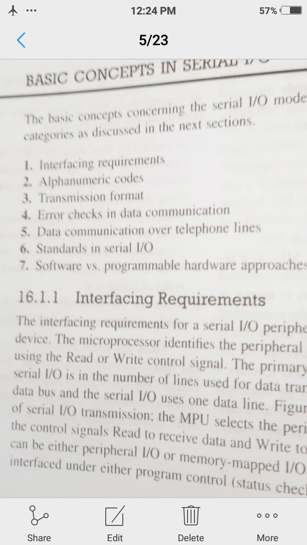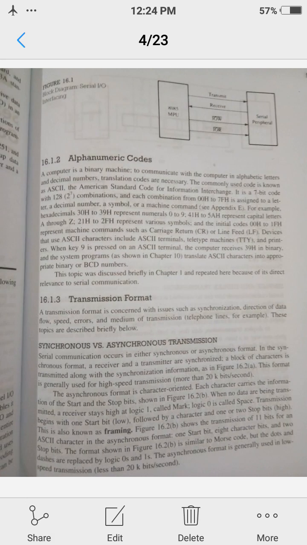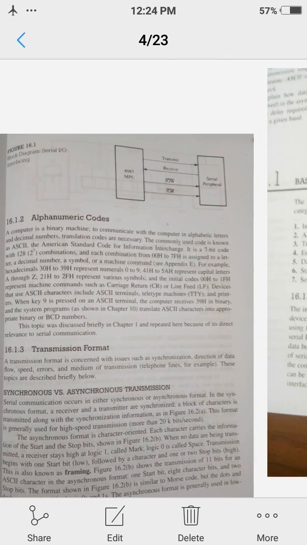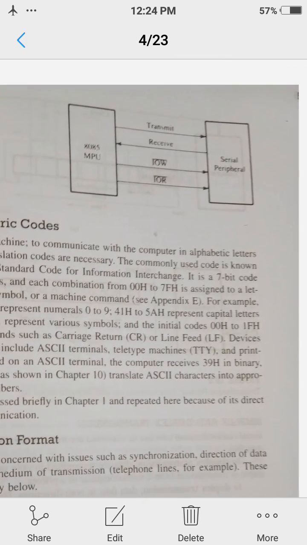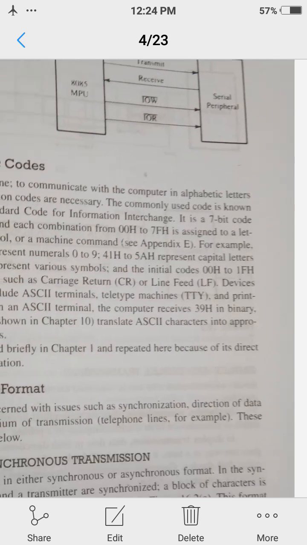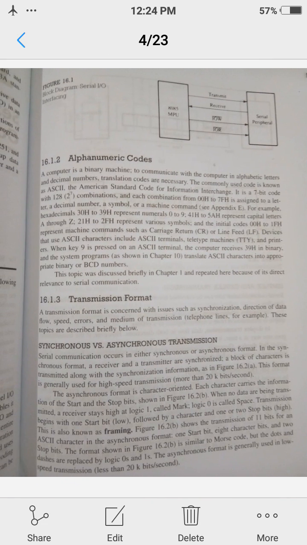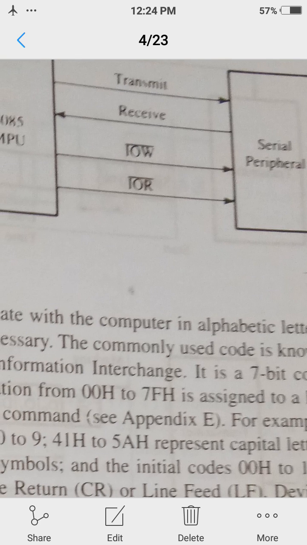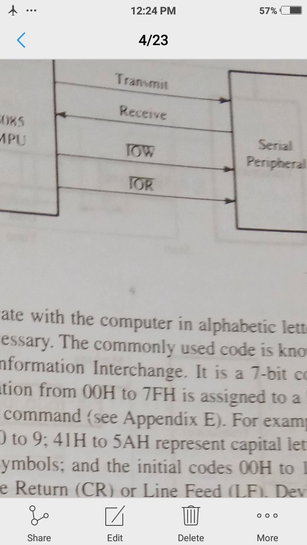For the interfacing requirement, some serial peripheral device is required and a microprocessor is required. Transmit and receive lines are required and control signals are required. You can see in this diagram, we have the 8085 microprocessor, then a serial peripheral, and between the two devices the communication can be established.